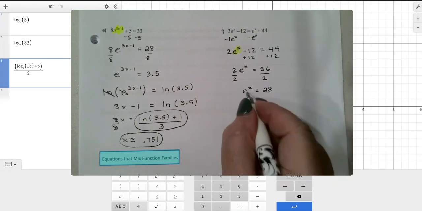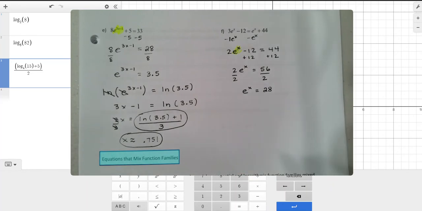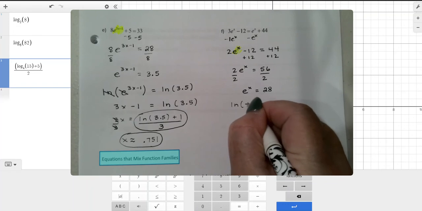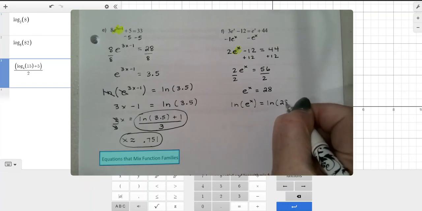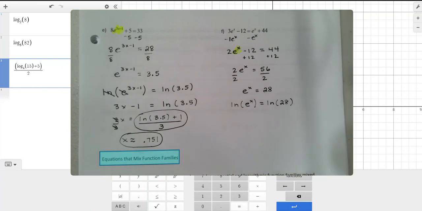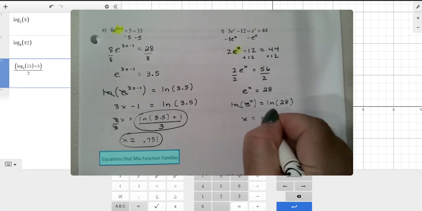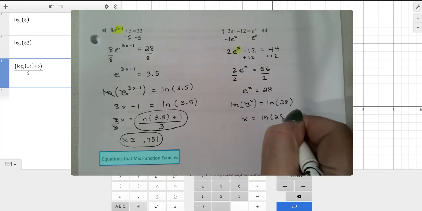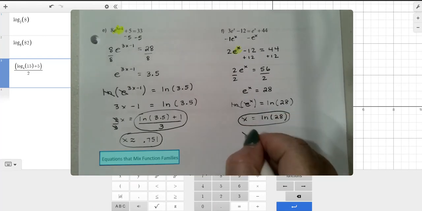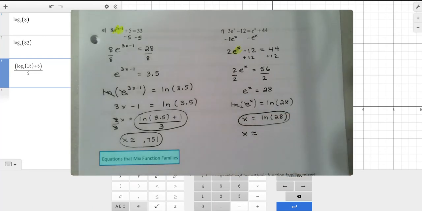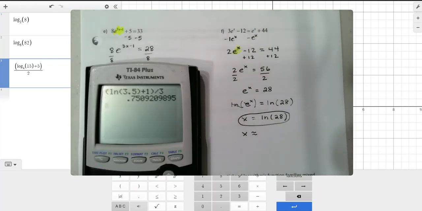All right, my exponential is by itself, so I want to take the natural log of both sides. Inverse functions. So my exact answer is just x equals the natural log of 28. And of course I can also do that on either the calculator or Desmos. Natural log of 28 is about 3.332.